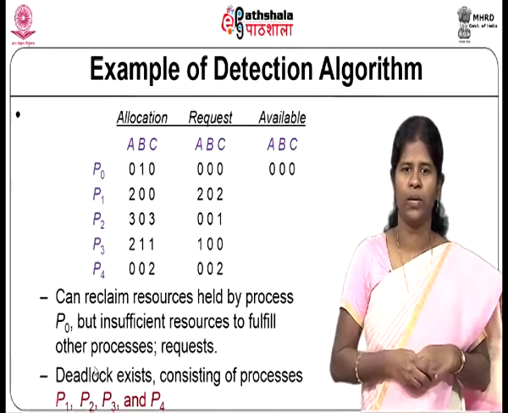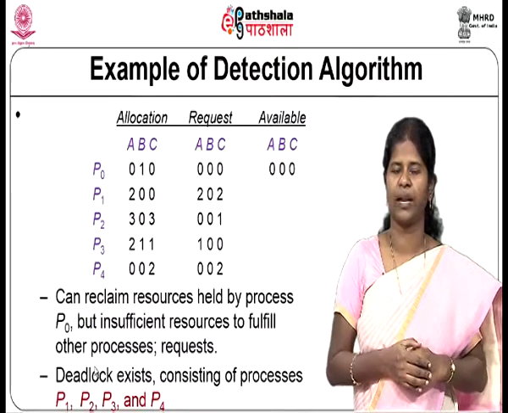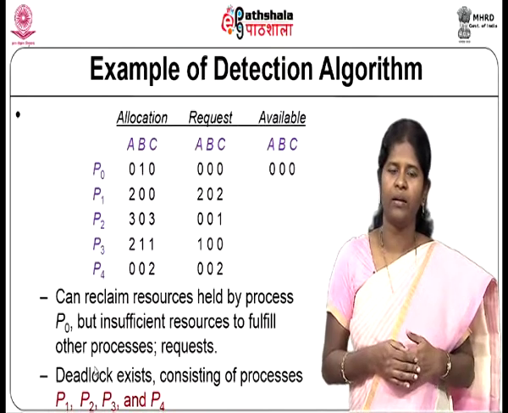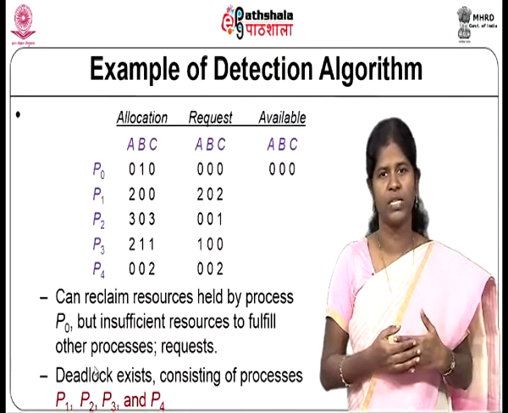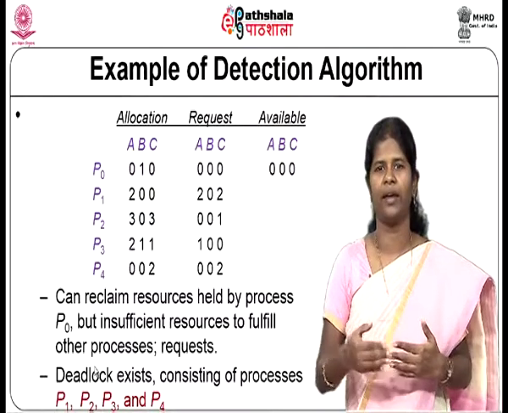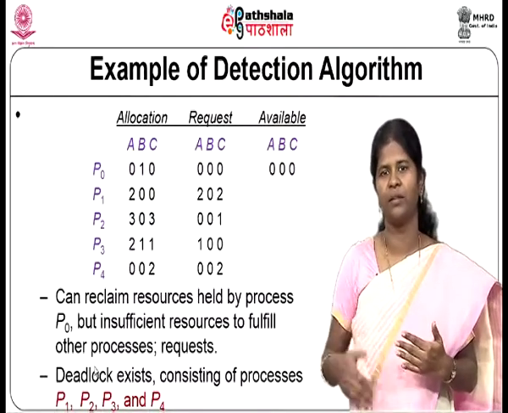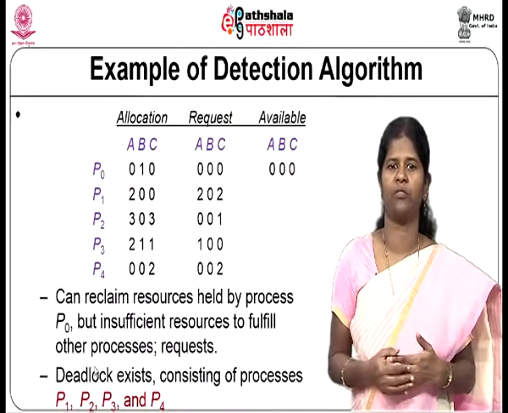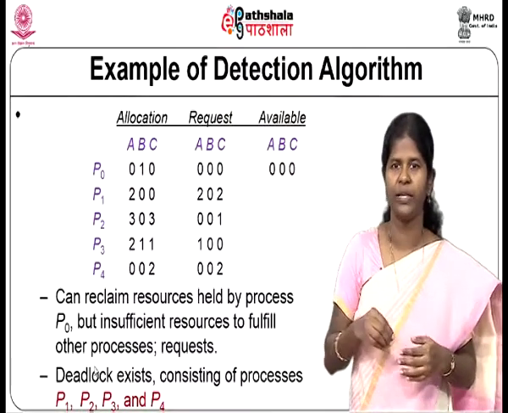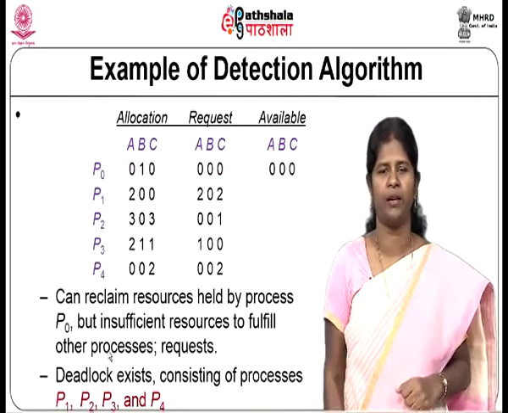Even though you are able to claim the resources currently held by P0, P0 is not involved in the deadlock. You can get back the resources allocated to P0, but even then you cannot satisfy the requests of P1, P2, P3 and P4. So there is a deadlock, and the processes involved in the deadlock are P1, P2, P3 and P4.